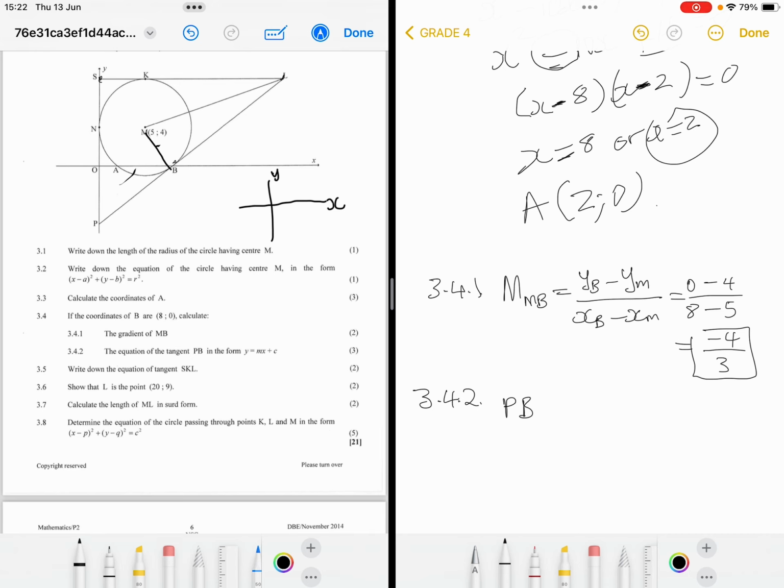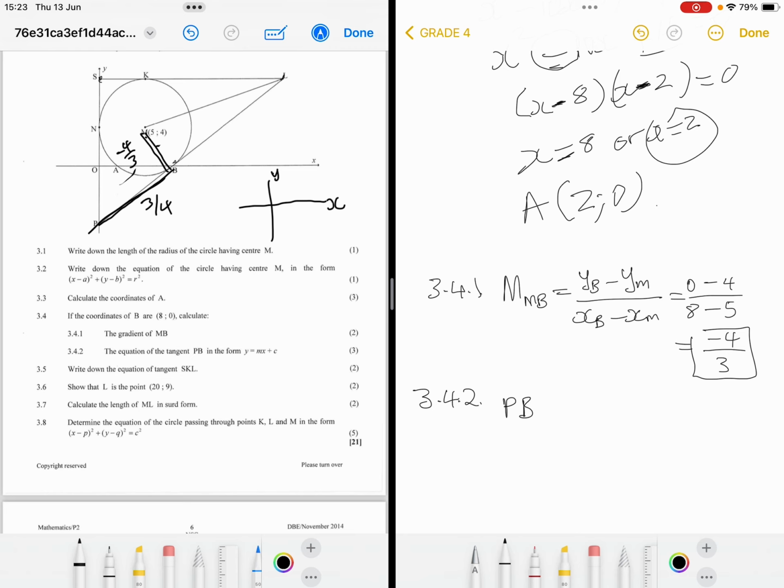Look, you got the gradient of BM, which is negative 4 over 3. So now the gradient of BP will be the reciprocal, which is 3 over 4. You just swap, so that when you multiply them, they give you negative 1. Why? The radius is perpendicular to a tangent.